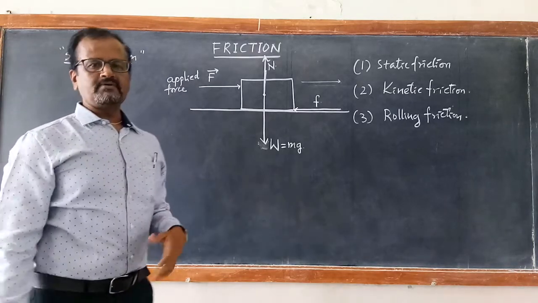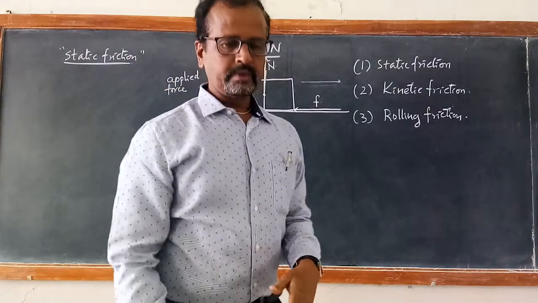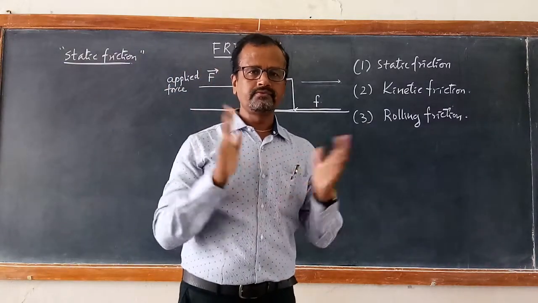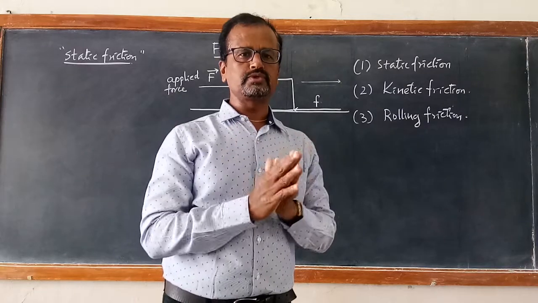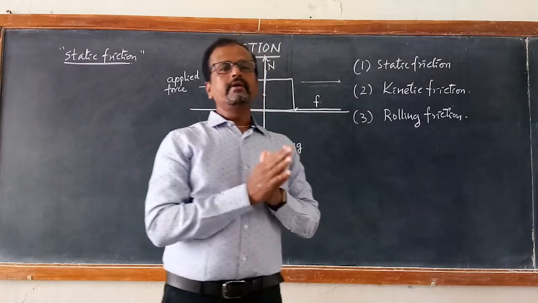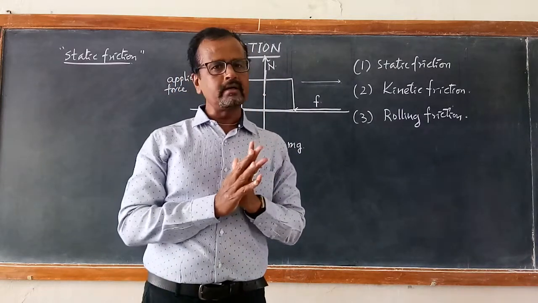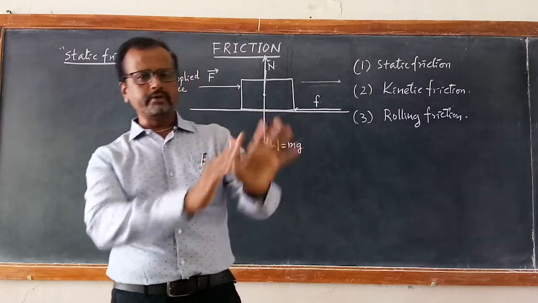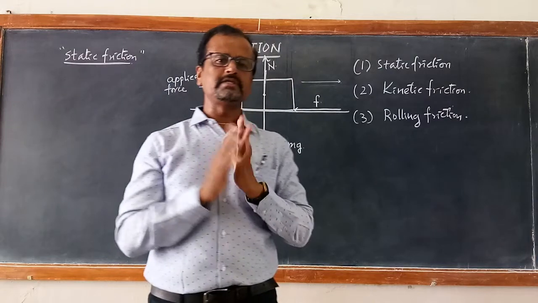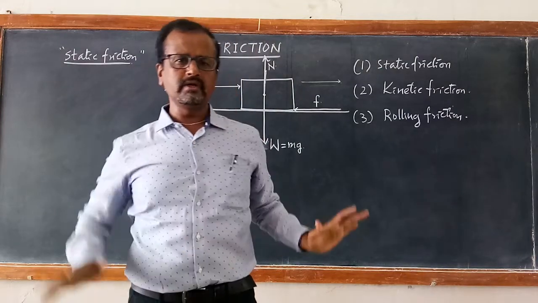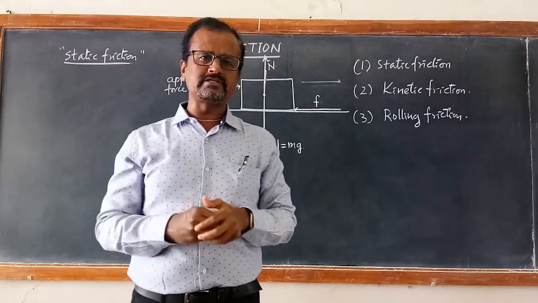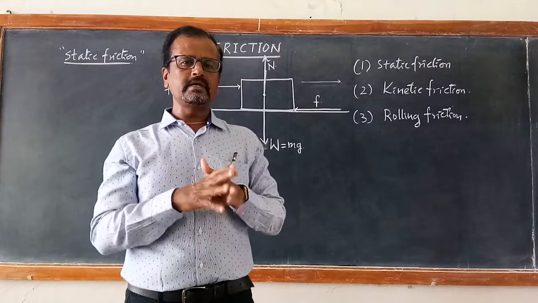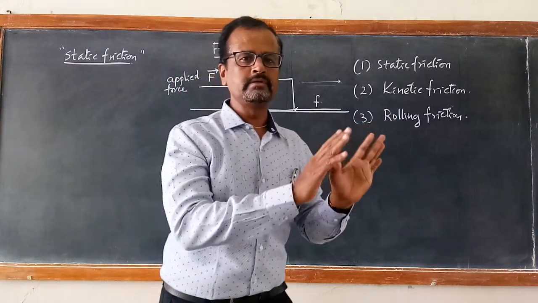Let us take the example of a cupboard. When the cupboard is filled with your textbooks, your trunk, everything, if you try to move the cupboard it hardly moves. It doesn't move at all. Then you will apply a still larger force. Still it will not move. Then you will call your friends, one or two friends. Then all three together you will push it.